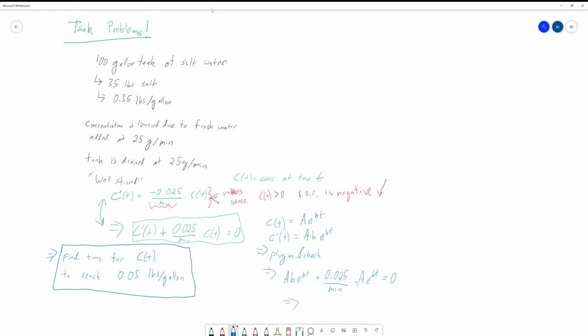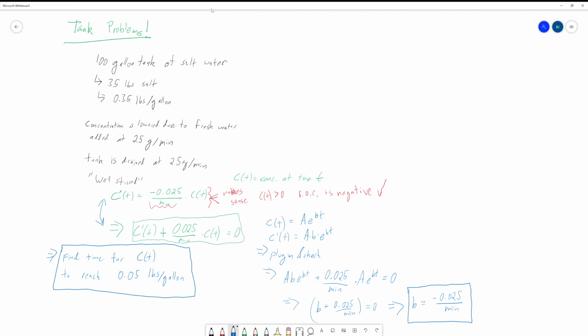Which then means that you can say B plus 0.025 per min equals 0, which means B would equal negative 0.025 per minute. Okay?